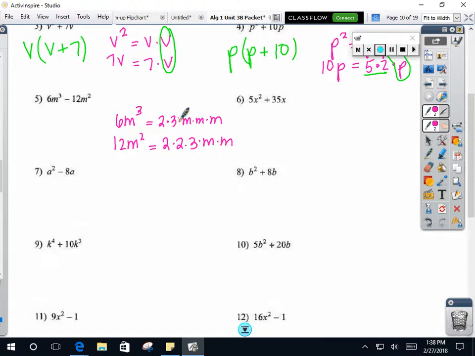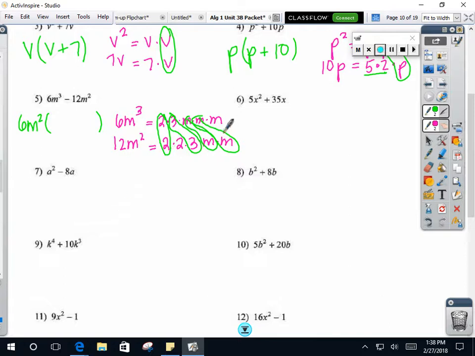So now that you've listed out every prime factor for both terms, you circle what they have in common. They both have a 2, and they both have a 3, and they both have 2 m's. Right? So 2 times 3 times m times m is 6m squared. So that is their GCF.